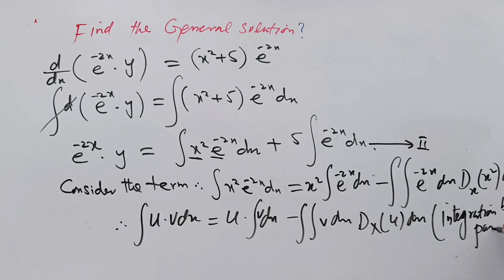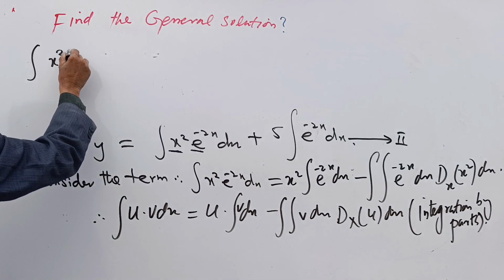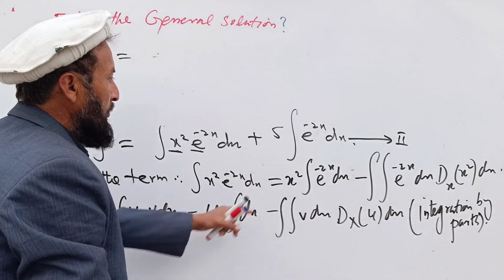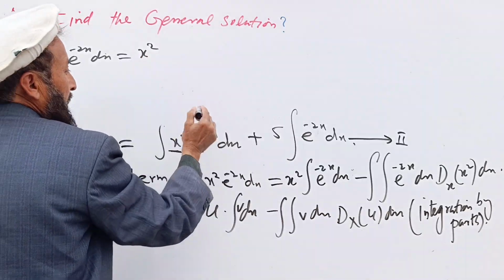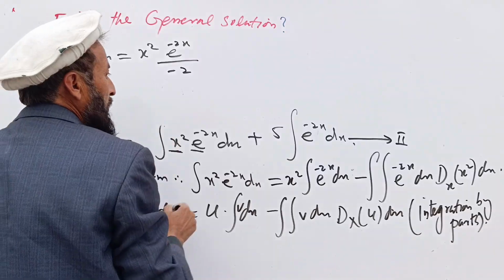According to the integration by parts formula, we find the result: integral of x square e exponent of minus 2x dx is equal to x square times the integral of e power minus 2x, which gives division by minus 2.